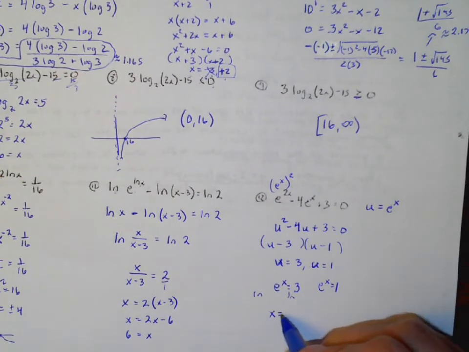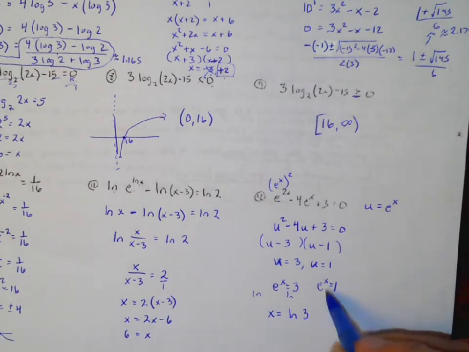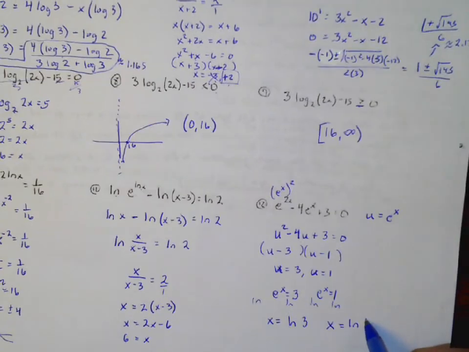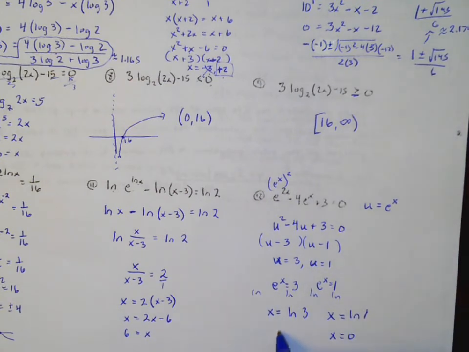I get x is equal to the natural log of 3. And over here, natural log of both sides, they're inverses. You get x is equal to the natural log of 1. Natural log of 1 is just 0. And here you get natural log of 3.